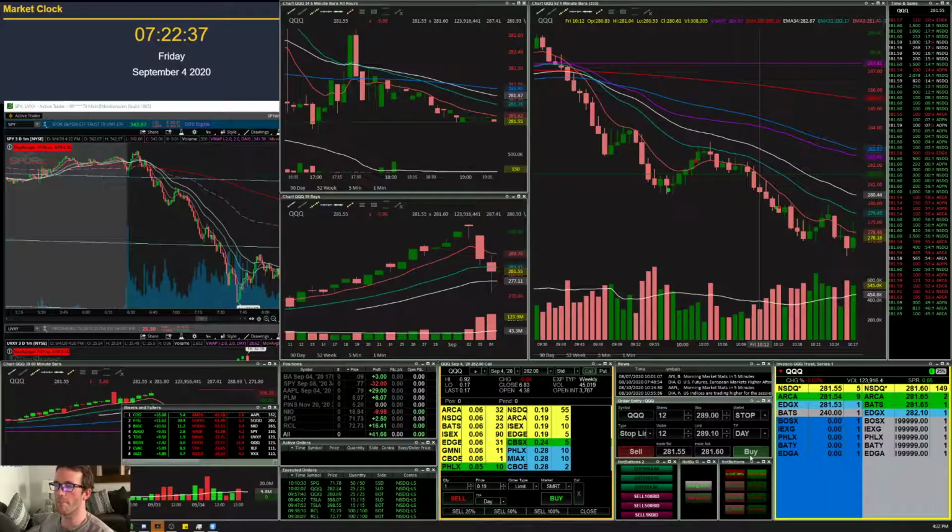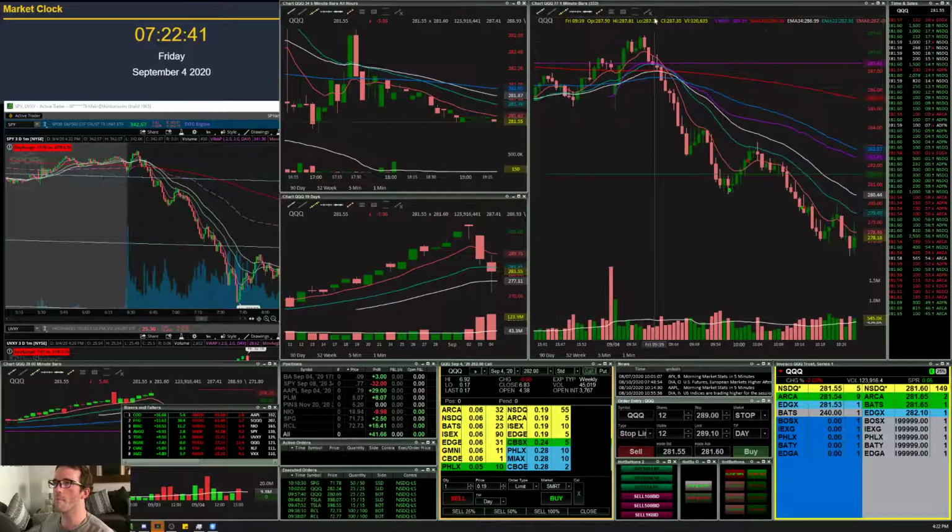Let's say I wanted to trade the breakout of this price action. If the price gets up there, I want an order that gets me in 400 shares. So I would just do my stop limit, and when it gets to 289, the order is going to trigger.